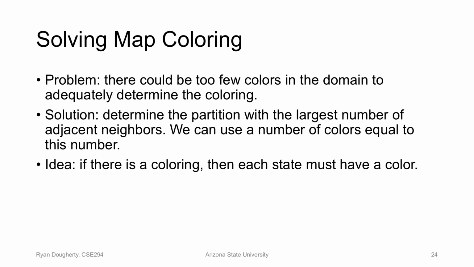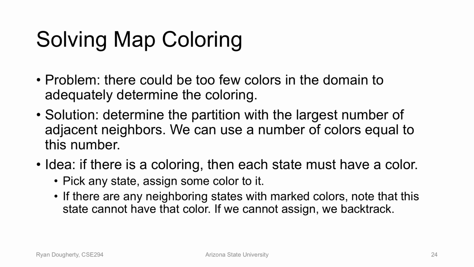So doing this as a backtracking and constraint satisfaction approach is to pick any random state and then pick any color, right? Because the starting color actually doesn't matter when I pick the first state. I could pick any one of those 4 colors for, say, Arizona. All that matters is the neighboring states must have different colors, right? Pick any state, assign some color to it, and the given state that I want to color can't have any of the colors already used by its neighbors.